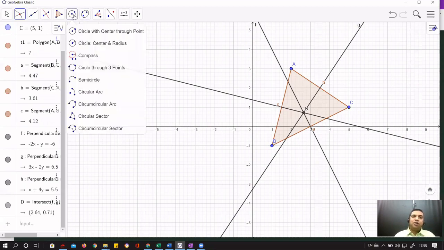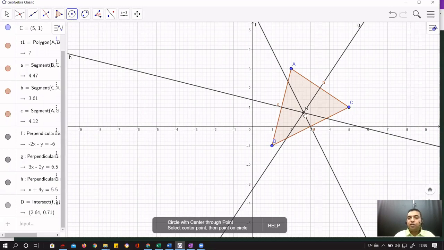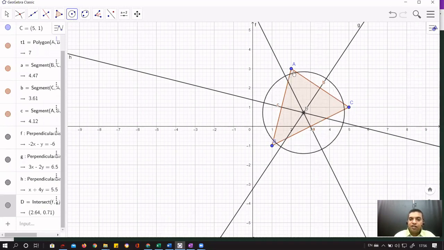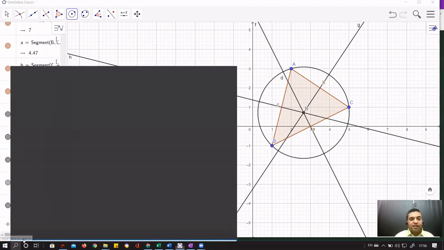Why is it called circumcenter? Because with this point as the center, you can draw a circle which passes through the three vertices.